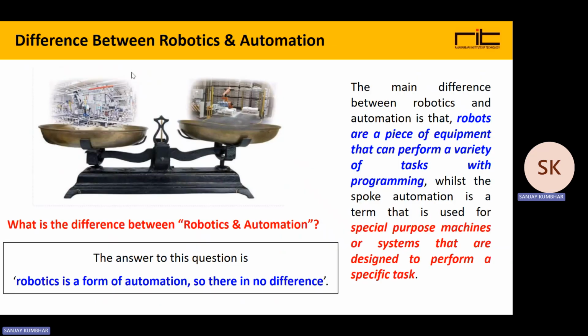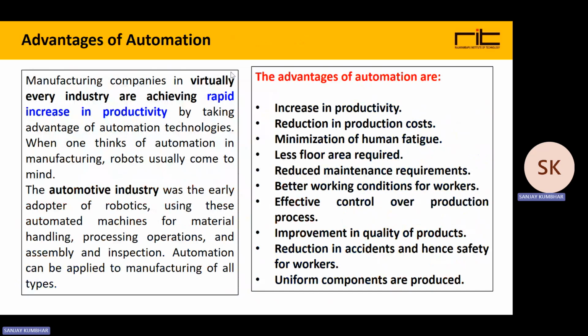So what is the difference between robotics and automation? Robotics is a form of automation, so there is no difference. But in automation, we will see the principal differences between these. In manufacturing, wherein we involve automation, there are certain advantages.